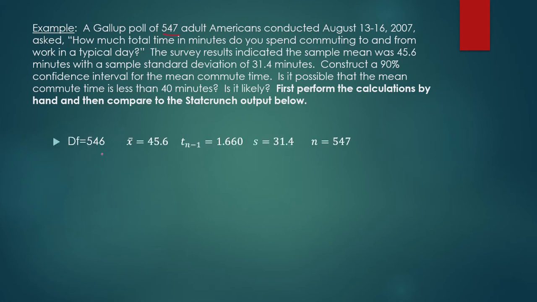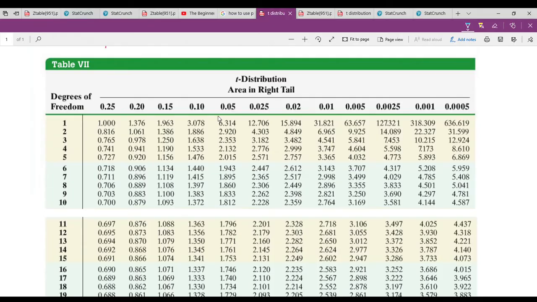So the degrees of freedom is going to give us 547 minus 1, or 546. The standard deviation is 45.6. To find the column, we do 1 minus 0.90 divided by 2, which is 0.05.